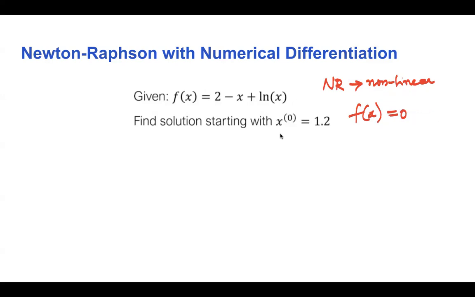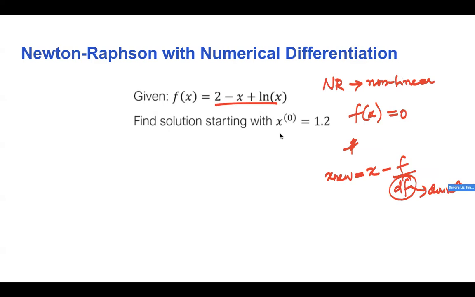Here we have the equation 2 minus x plus ln x. We have to find the derivative of this function. The new x value is equal to x minus f divided by df, where df is the derivative.